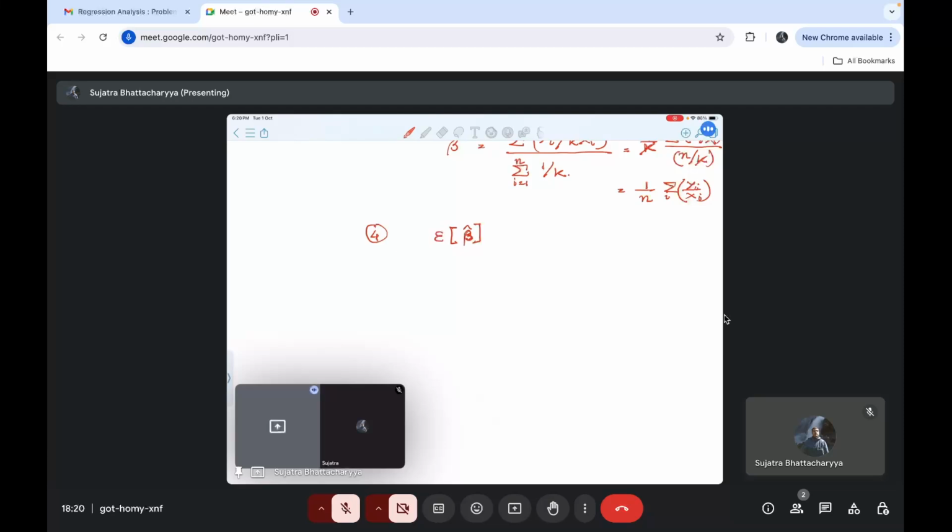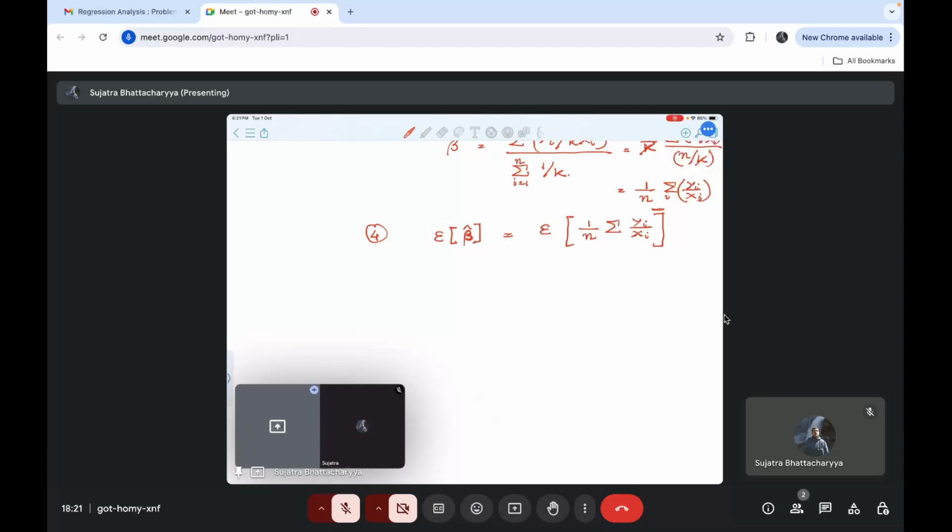What is the expected value of that? So E of beta hat is nothing but expectation value of whatever we have got in problem 3. So problem 3 is this: 1 by n summation yi by xi. That's all. This is what you have.